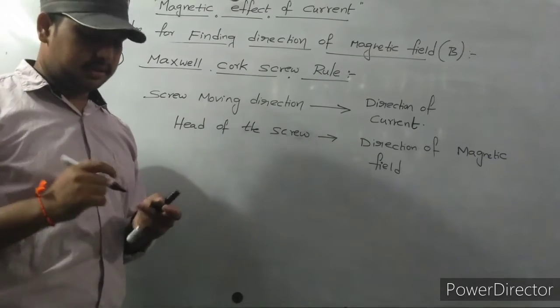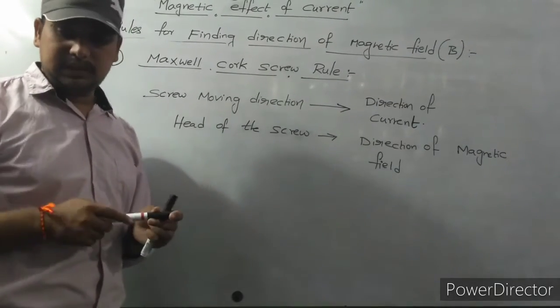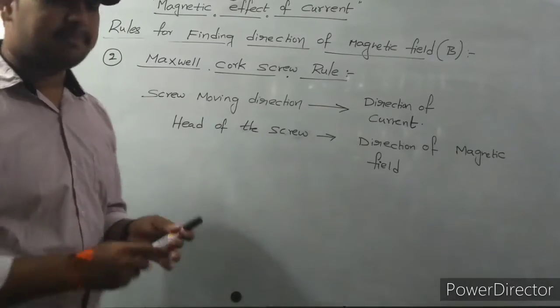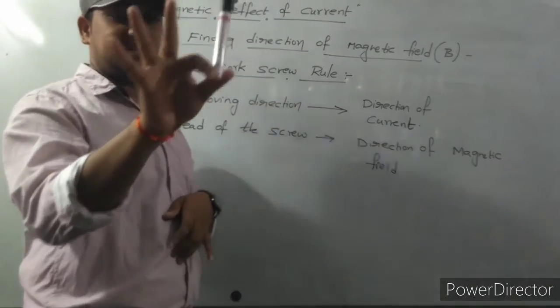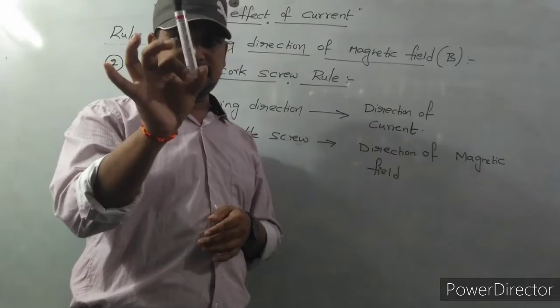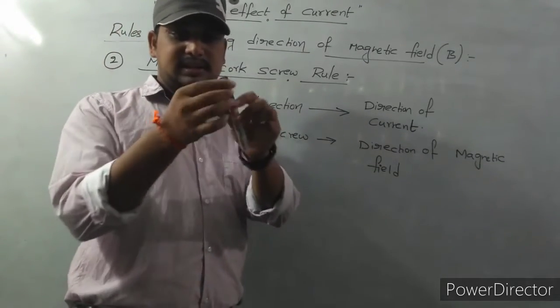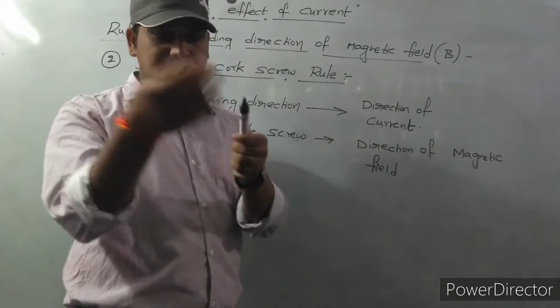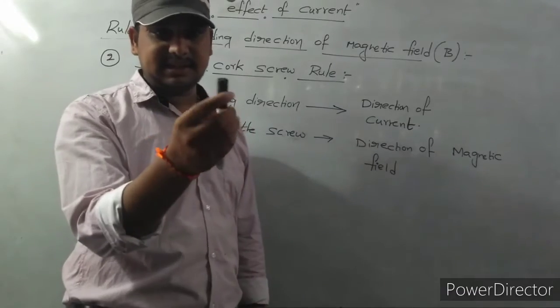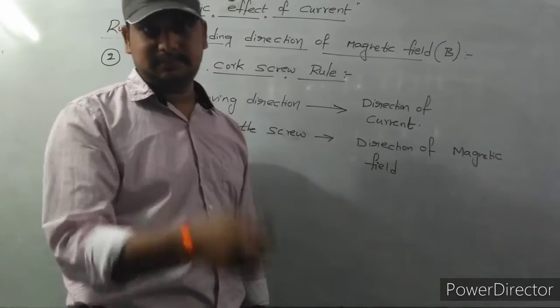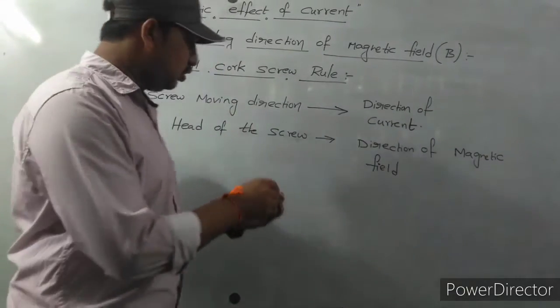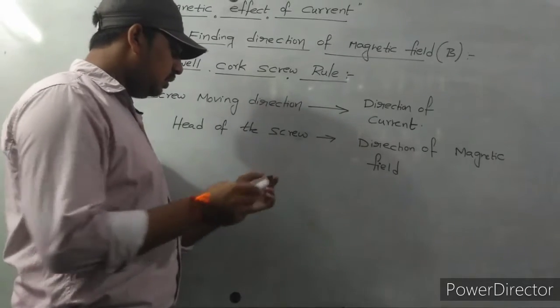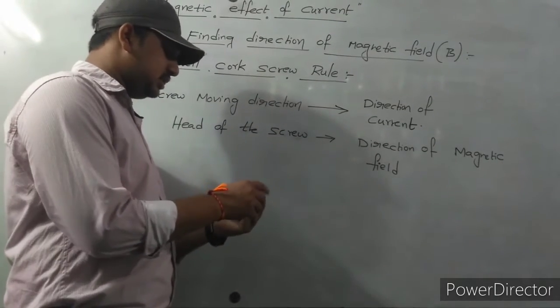So don't panic. I will explain very clearly. Observe carefully. I will explain practically. Let us consider this is a screw. This black cap, let us consider as the screw head. Now this screw is moving in this direction.